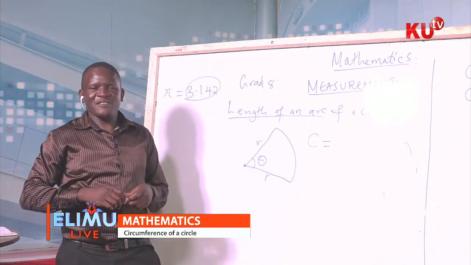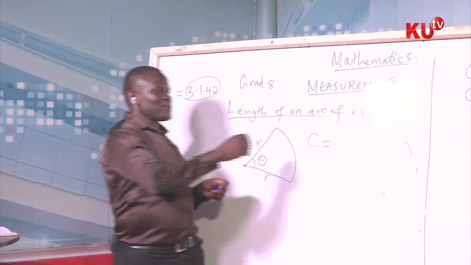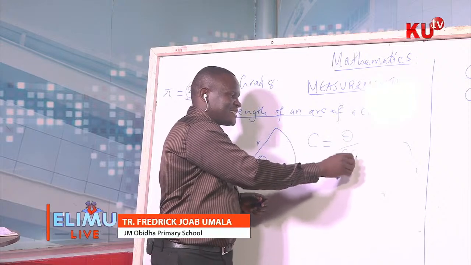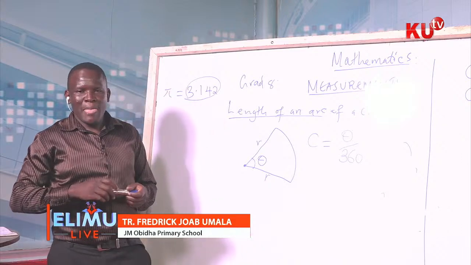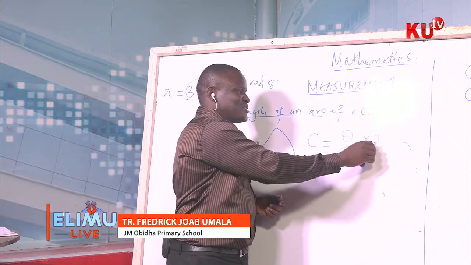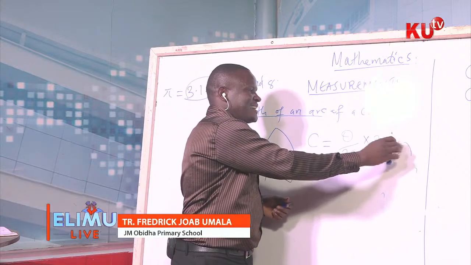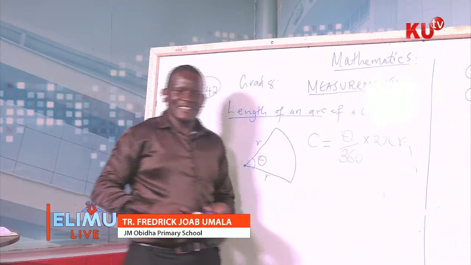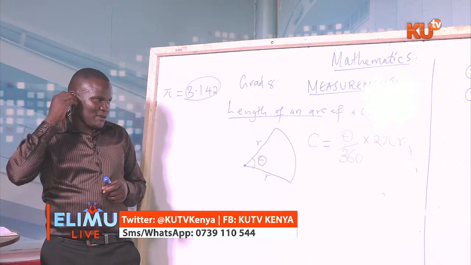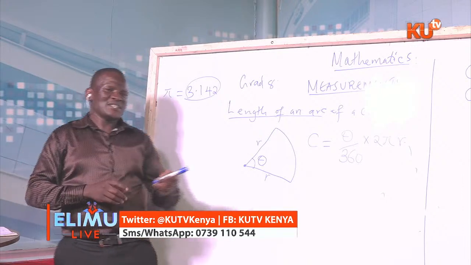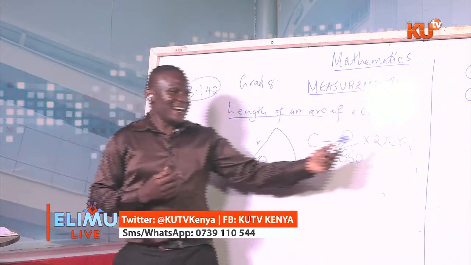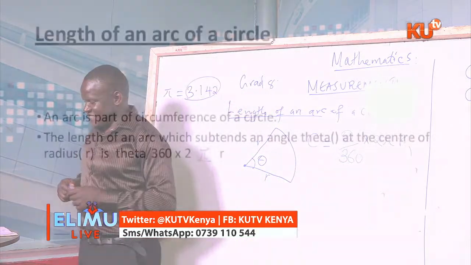The length of the arc will be equal to theta over 360 times 2 pi r, because this angle is subtended at the center by the given radius.